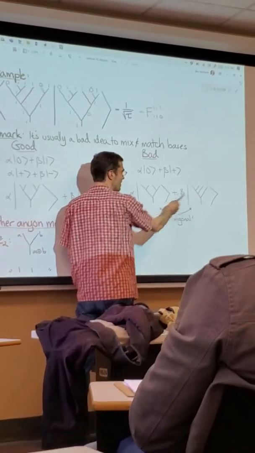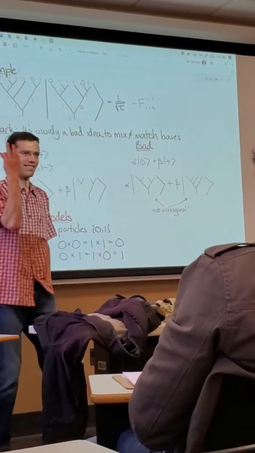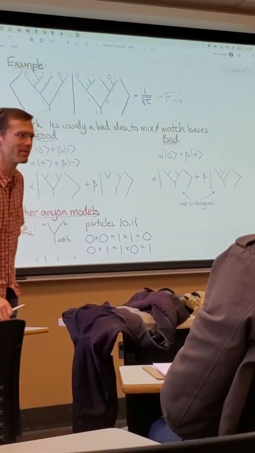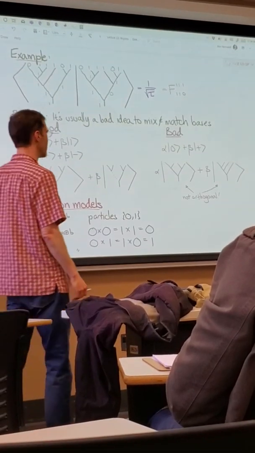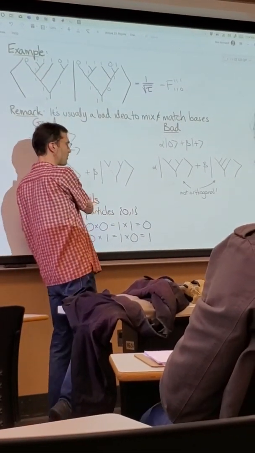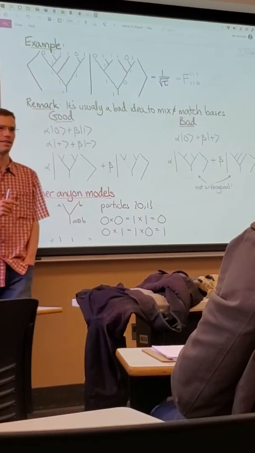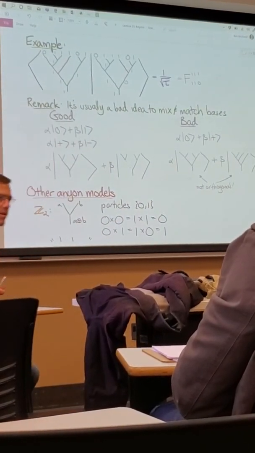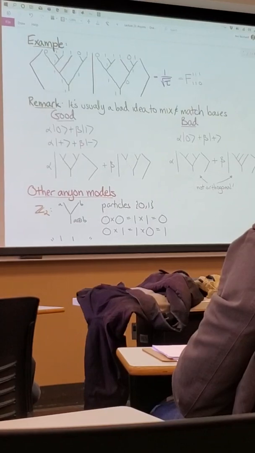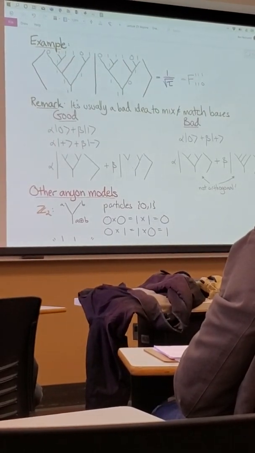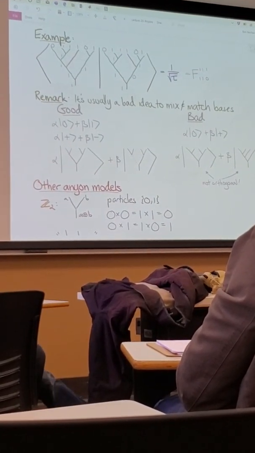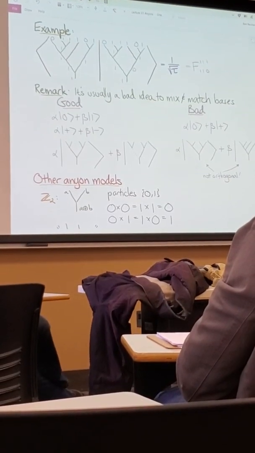It does make sense to talk about superposition between things in different bases, but that would be really weird. So you always fix one fusion order, and you use that for your whole computation. Or at least you'll keep it the same within any line of your computation. You'll only use one basis.